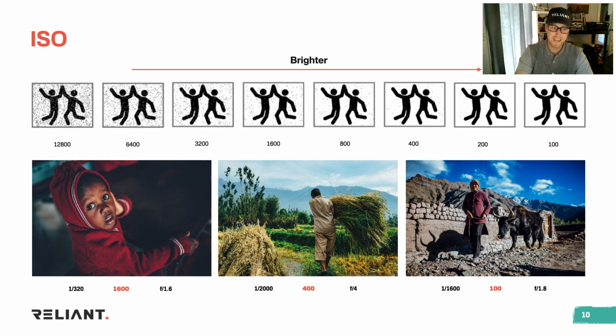So 400 ISO is a great spot to start in when you've got an overcast, maybe a little bit darker than a bright sunny day setting. And then the far right, we've got this scene with this woman walking with an ox. The ISO was set to 100 because that scene was such a bright, sunny scene that I needed a low ISO to cut down on the brightness.